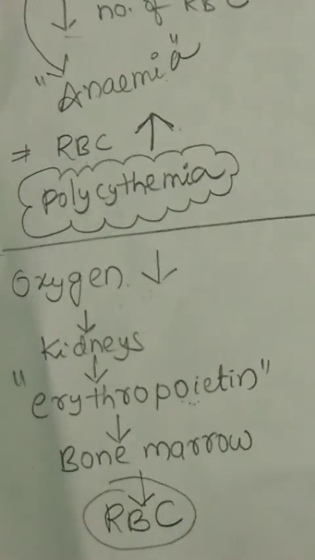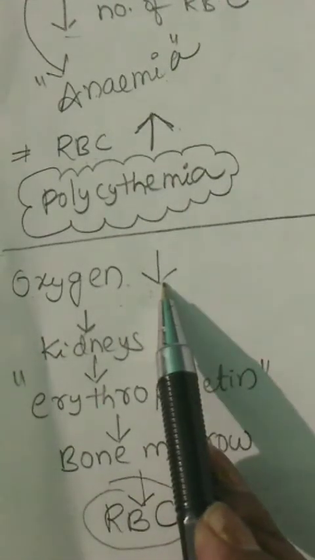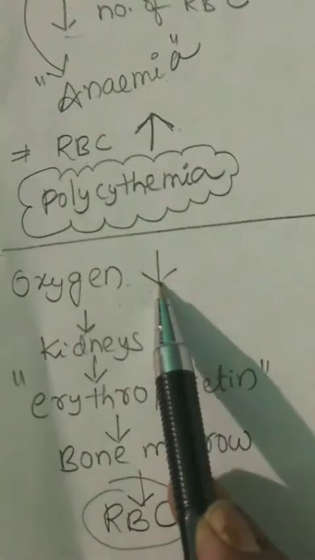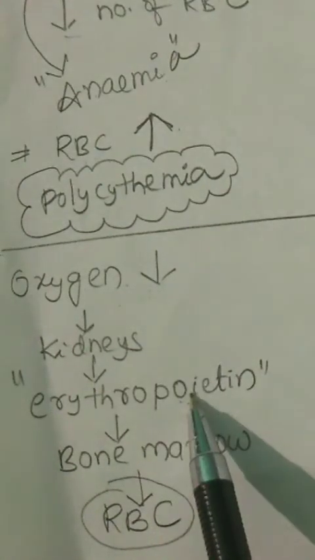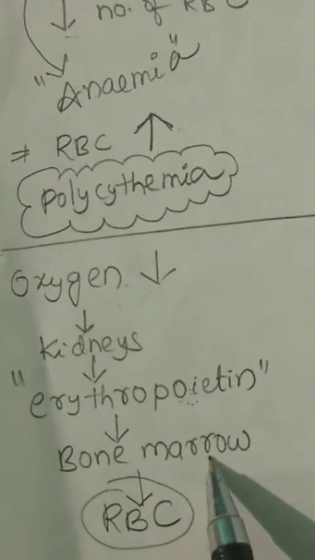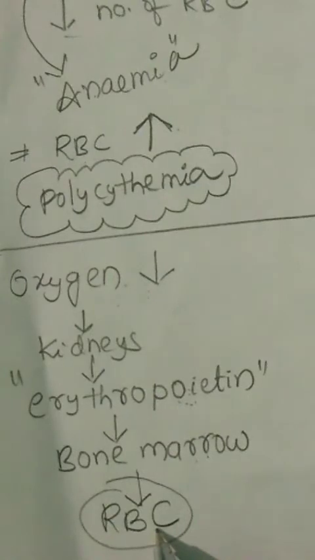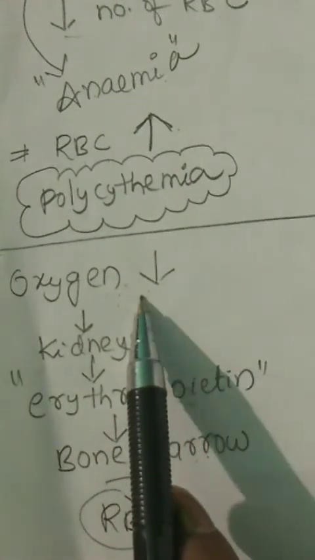If oxygen is low, then immediately the kidneys are stimulated, erythropoietin is secreted, and it stimulates the bone marrow to produce RBC. If more RBC are produced, they will carry more oxygen. Then the oxygen shortage will be overcome by your body. Clear?